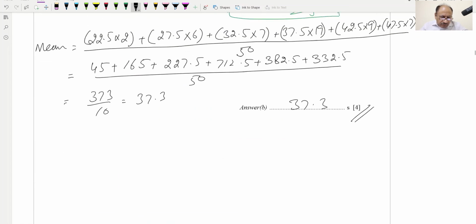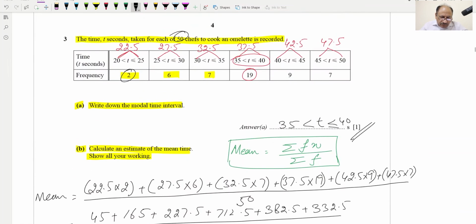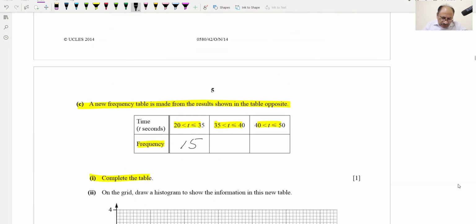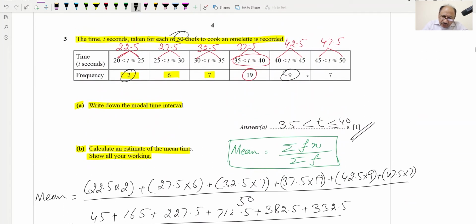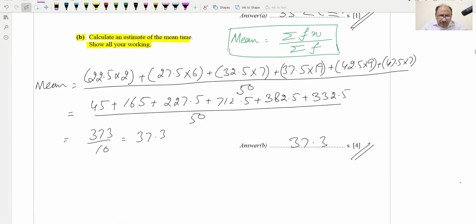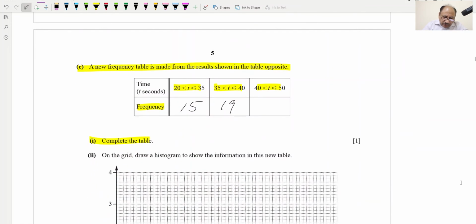Then 35 to 40 is 19, and 19 we can write over here. Then 40 to 50 will be adding these two frequencies, so it will be 9 plus 7 will be 16. So we will write 16 over here. So the table we are done with, which is for 1 mark. We are done with the table.